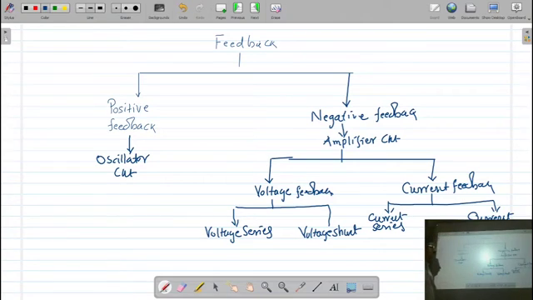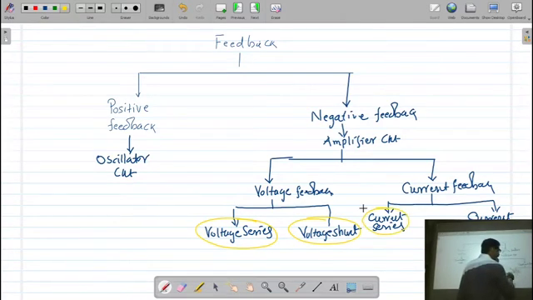So in this way, when we apply negative feedback, we can have four different types of feedback: voltage series feedback, voltage shunt feedback, current series feedback, and current shunt feedback.